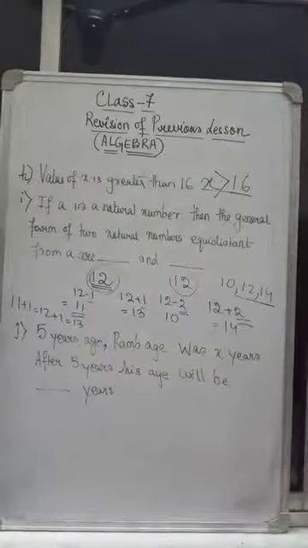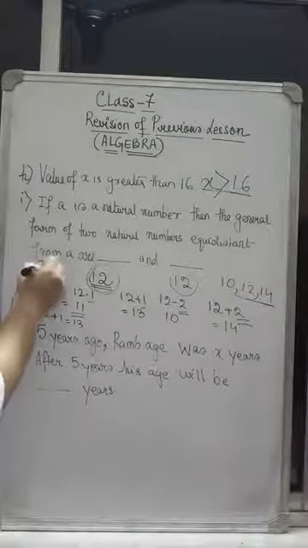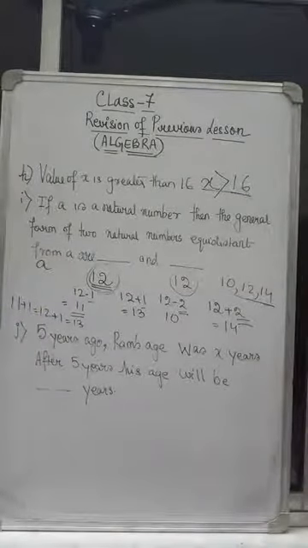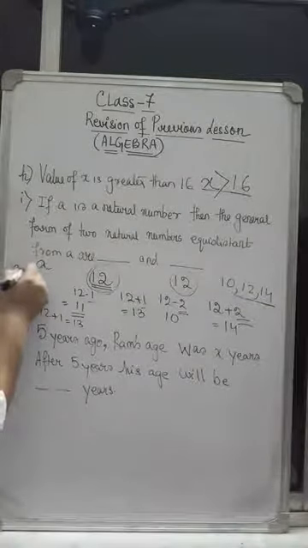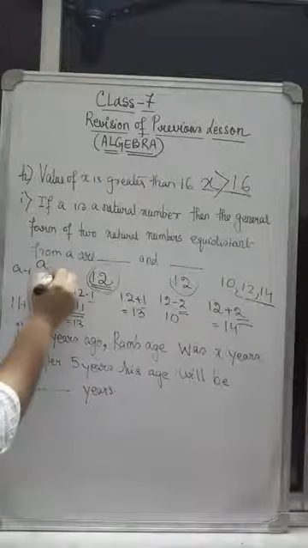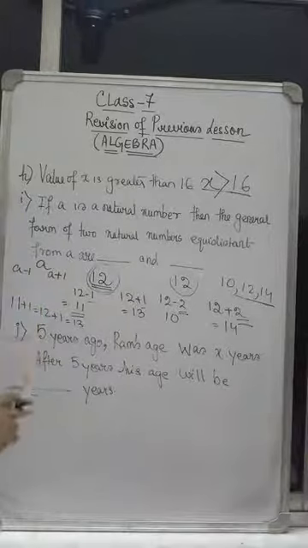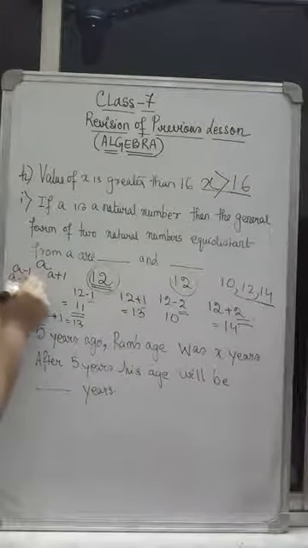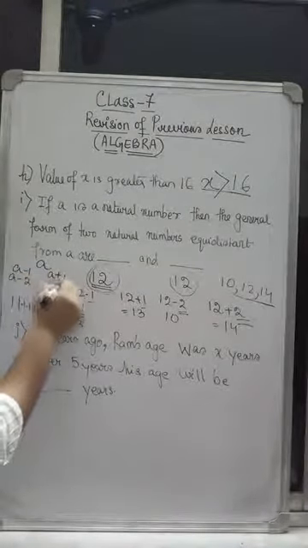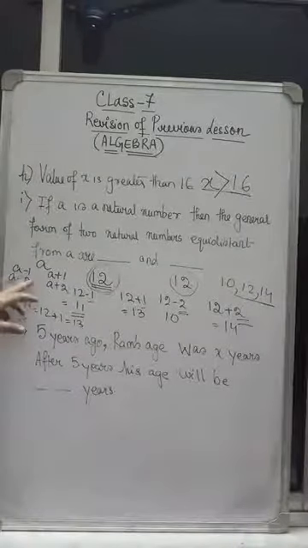So here the same thing is asked. Instead of 12, what is the number given? A. So if I have to find equidistant numbers, I have to do a minus 1, and in the same way I need to add the same number. Whatever you subtract, you add the same thing. If I do a minus 2, I have to do a plus 2. The number can be anything, but whatever you subtract, you have to add.